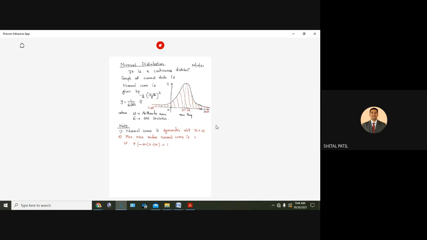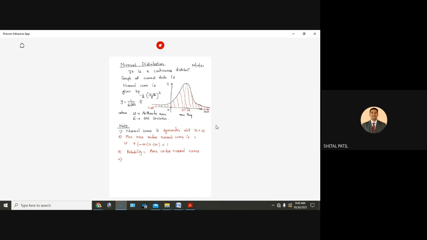So from now onward, what is probability? Area under the normal curve. Probability means area under the normal curve. Now suppose the total area under the normal curve is 1.